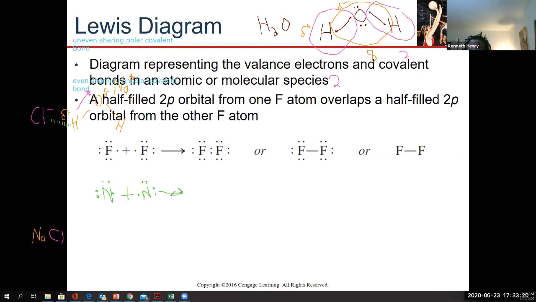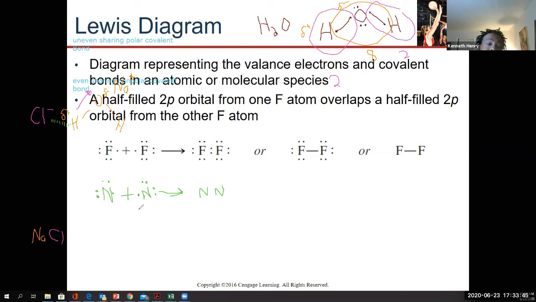So can we get each nitrogen to its octet, so that each nitrogen has 8 around it? Right now they have 5.